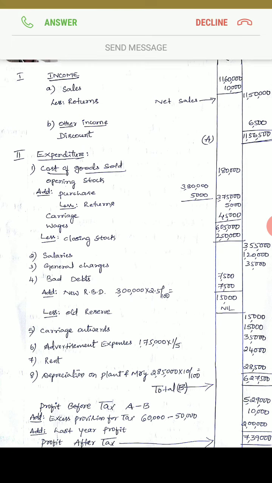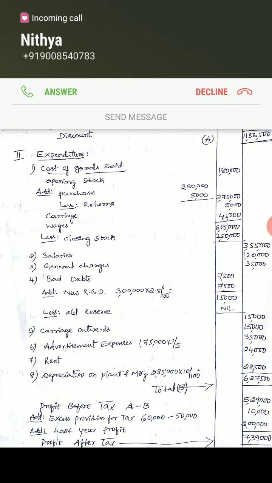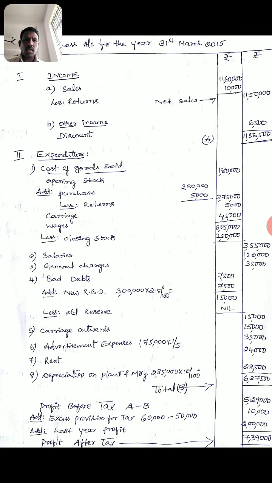So 3,80,000 minus 5,000, again in the inner column, is 3,75,000. Next, carriage of rupees 5,000, wages of rupees 45,000.